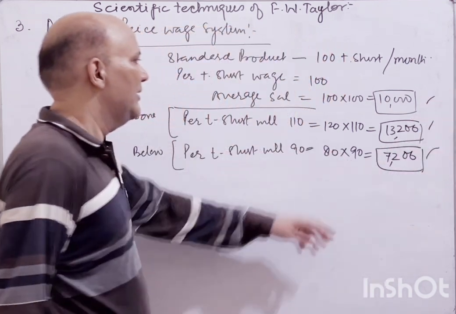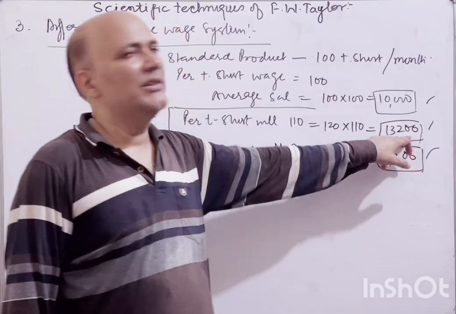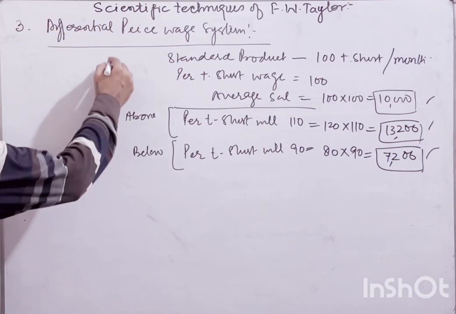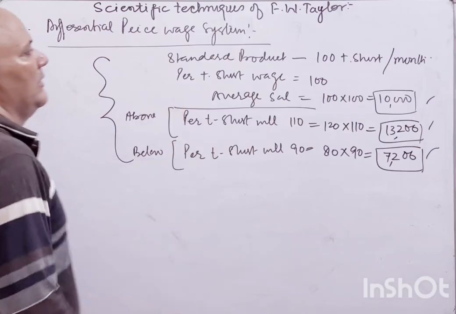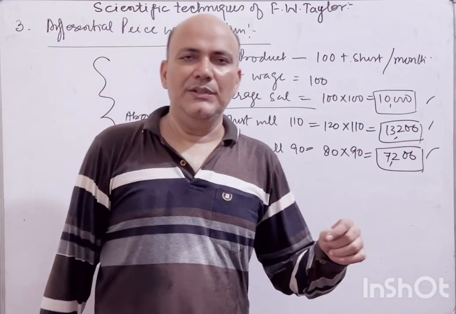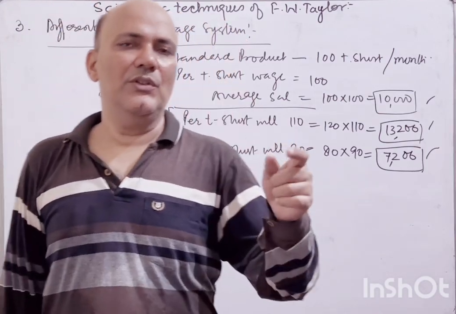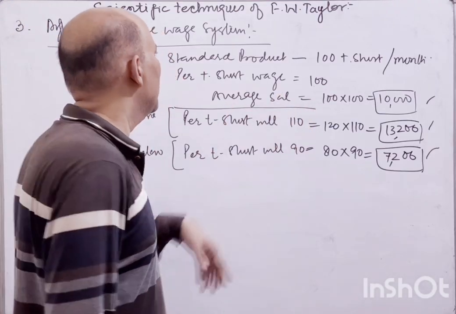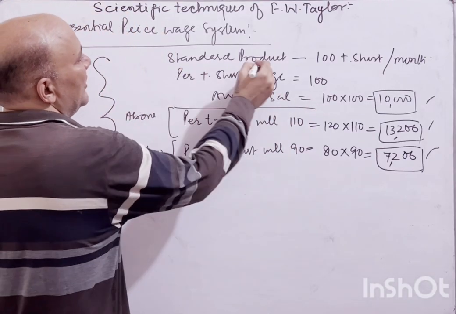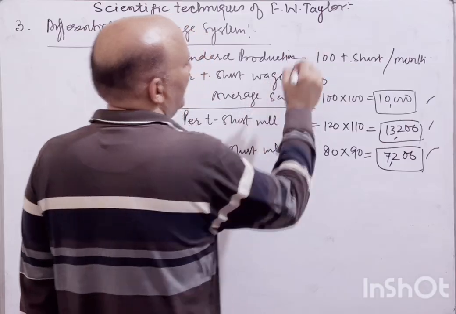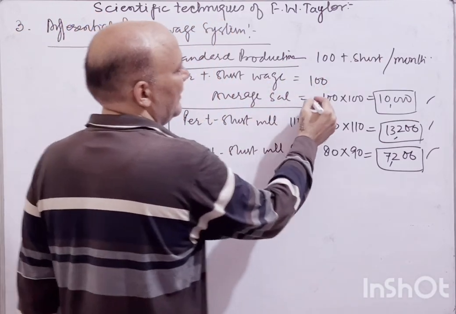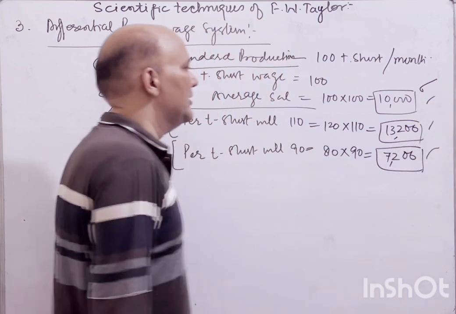So everybody will try to reach this or more than that. This is called the differential piece-based system, wherein the basic or average salary is fixed on the basis of the standard production. If somebody achieves the standard production, he will get the standard salary, which is 10,000 rupees in this case.